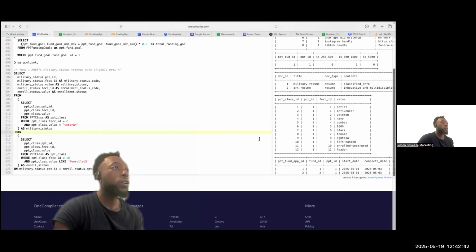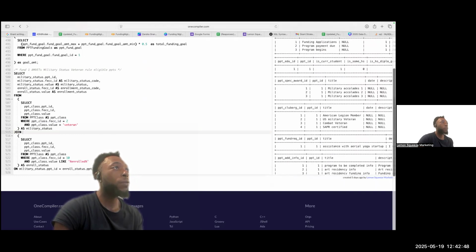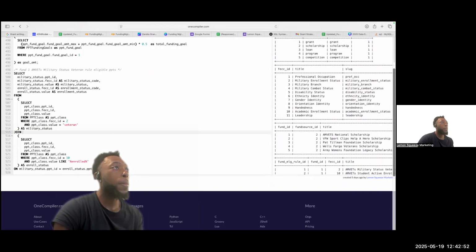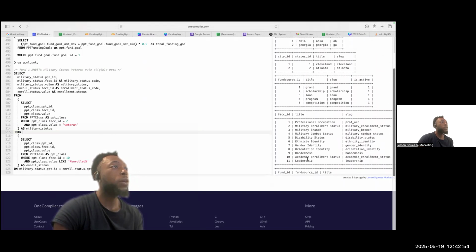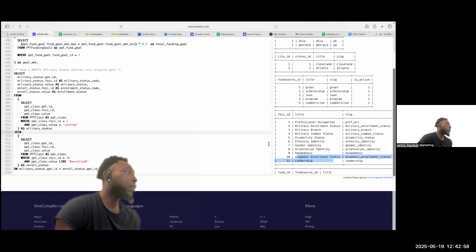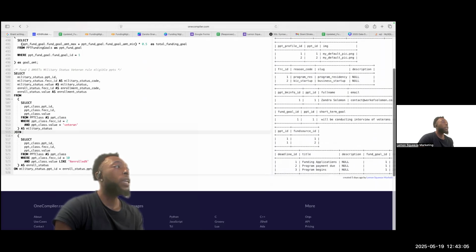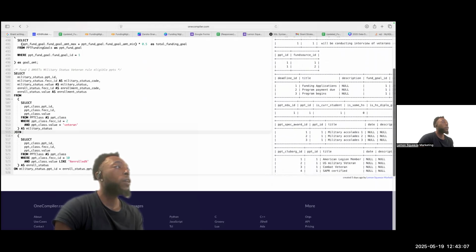And then also for enrollment. So we know that category number 10 pertains to our academic enrollment. If we scroll up, we know that category 10 pertains to academic enrollment. In this case, you can be enrolled in undergrad or grad school.